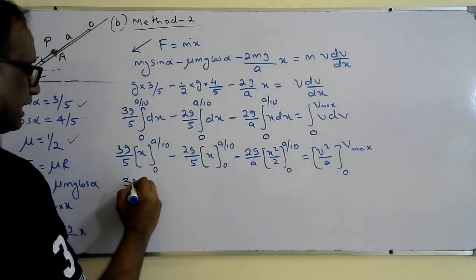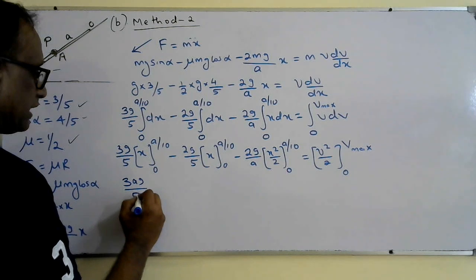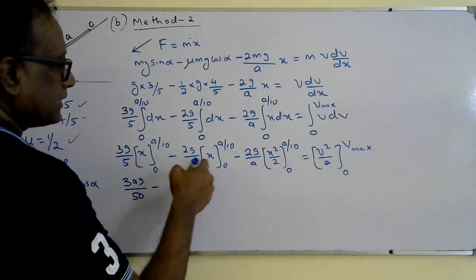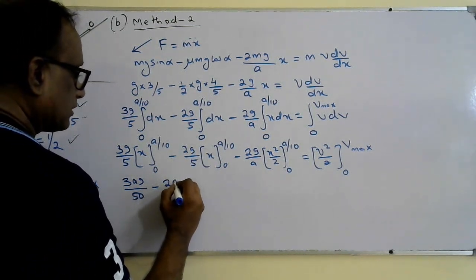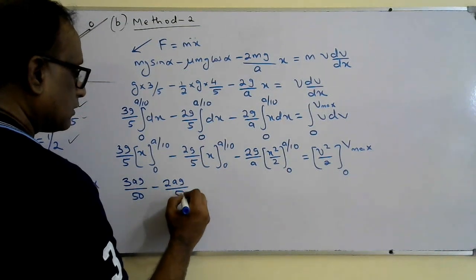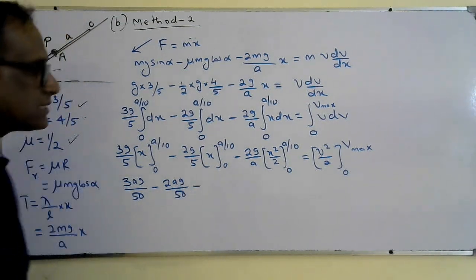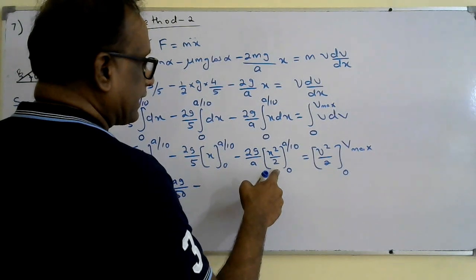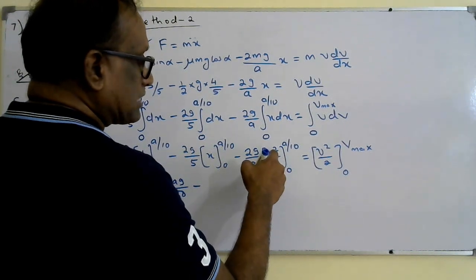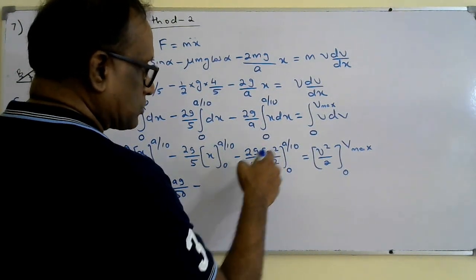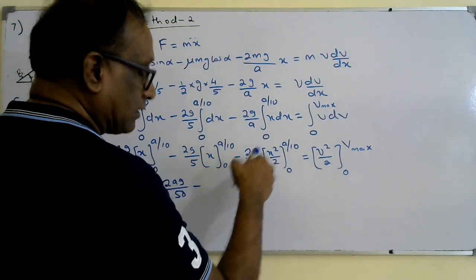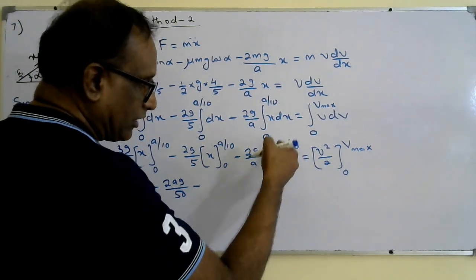So 3ag over 50, minus this also 2ag over 50, minus, this 2 and this 2 will get cancelled, here I'll get a squared over 100. A squared and a, so it will become a.